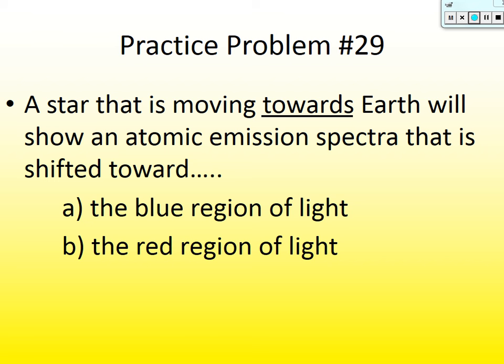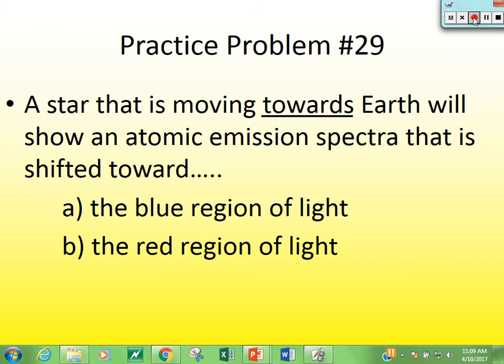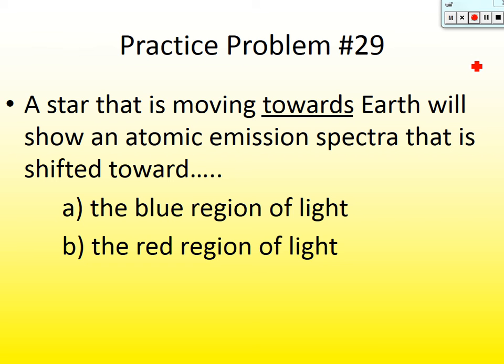Practice problem number 29. It says a star that is moving towards Earth will show an atomic emission spectra that is shifted toward A or B. Please take a second and answer that. Okay, so hopefully you have an answer.